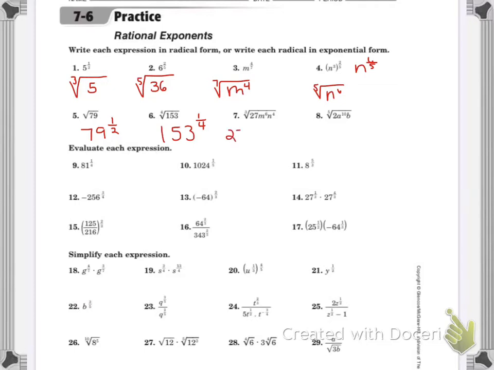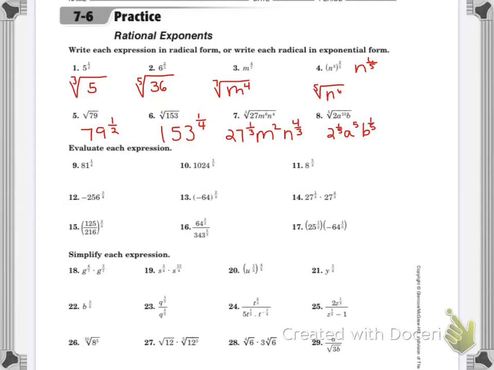So 27 to the 1/3, m to the 6 over 3, which would be 2, and n to the 4/3. Number 8, that would be 2 to the 1/5, a to the 5th, and b to the 1/5. So all you're doing in that section is rewriting.